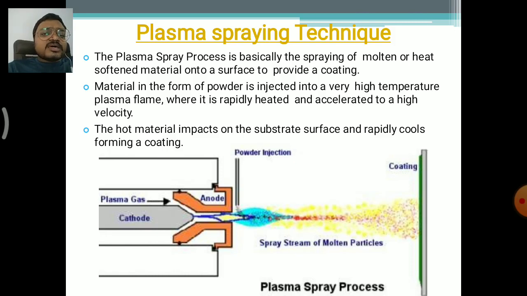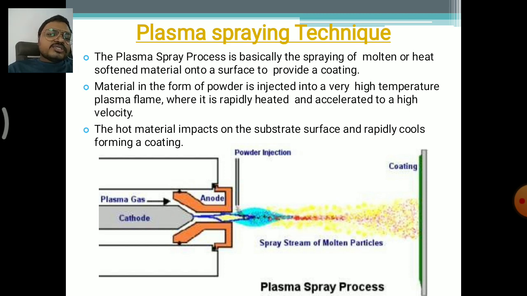The last one is the hot material impacts on the substrate surface and rapidly cools, forming a coating. So a coating is formed, which you can see in the green color, on the surface layer of the material. So this coating is done by the spraying.